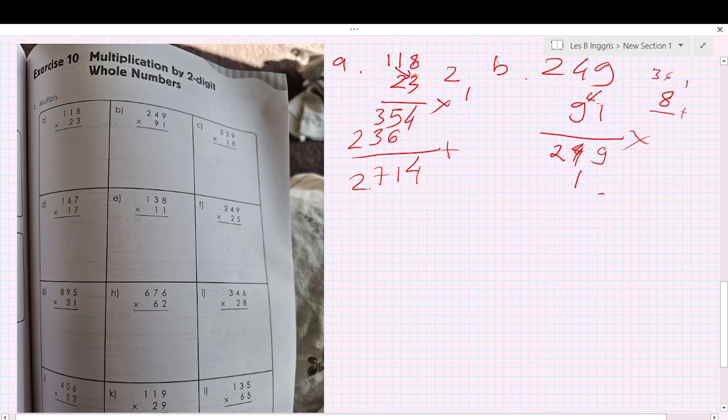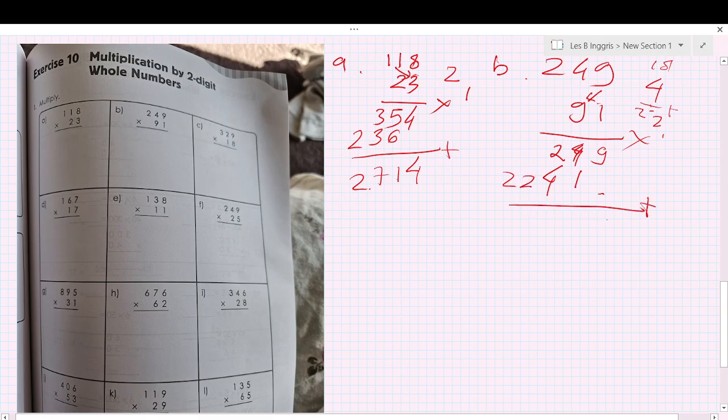Plus it with 8, you got 44. 4 in here. Keep the another 4 beside, and you multiply the 2 with the 9. You got 18. Add it with the 4 on the side, you got 22.